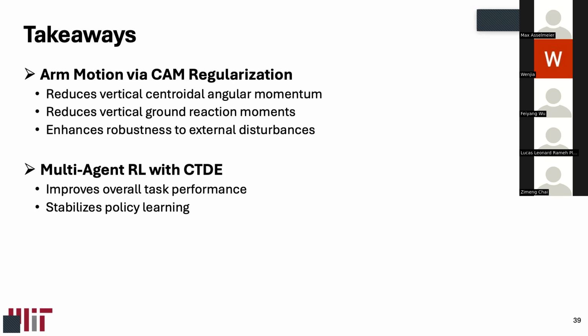Also, our multi-agent RL framework improves the overall task performance and stabilizes policy learning. But I'd also like to point out that what we learned from this project is not restricted to the humanoid itself. We are actually doing a similar task with a completely different platform.